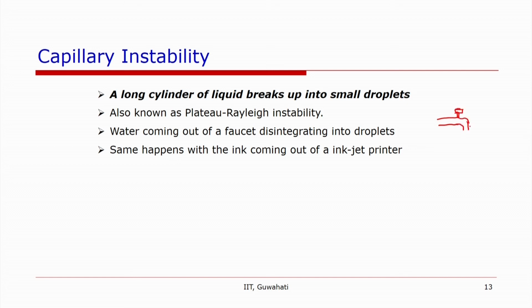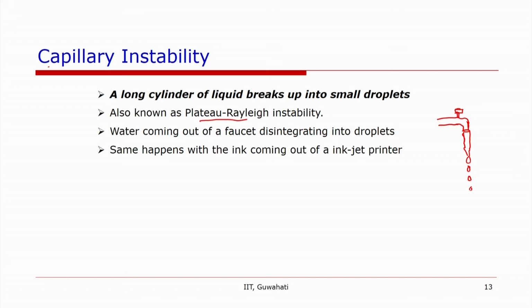We see a faucet coming out of the tap, and then it disintegrates into smaller droplets, and that is generally attributed to what we call capillary instability, or Plateau-Rayleigh or Rayleigh-Plateau instability.